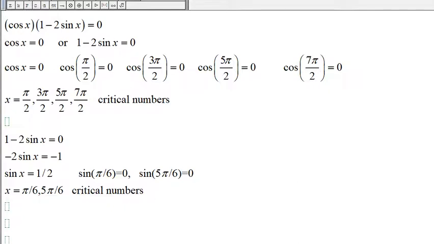And again, remember that x is restricted to be between 0 and 2 pi. So for the critical numbers, 5 pi over 2 is beyond 2 pi, and 7 pi over 2 is also beyond 2 pi, so we have 2 here, and then we have pi over 6 and 5 pi over 6.